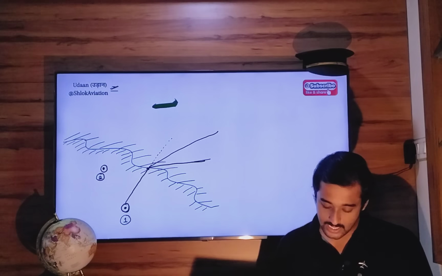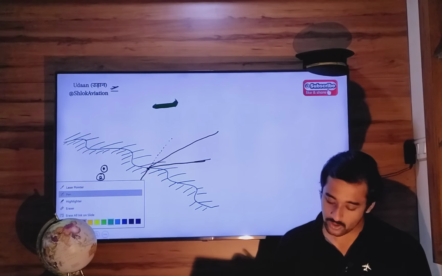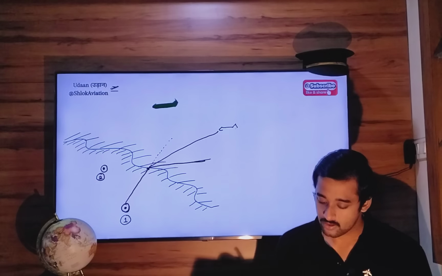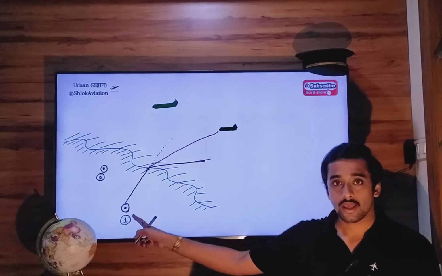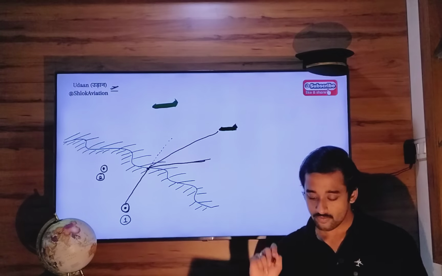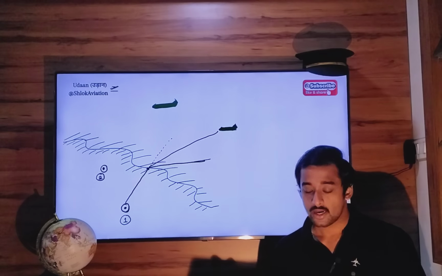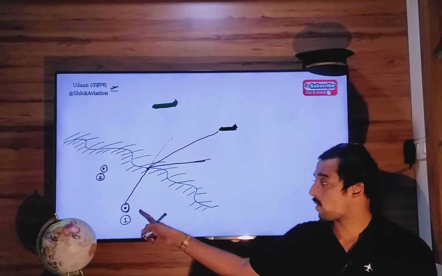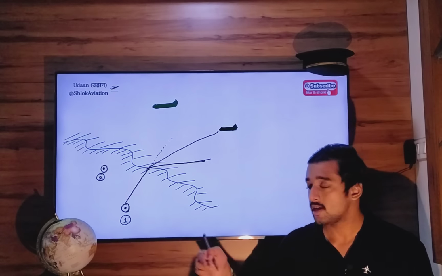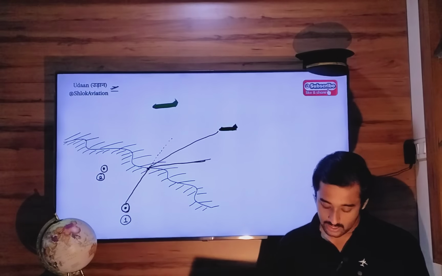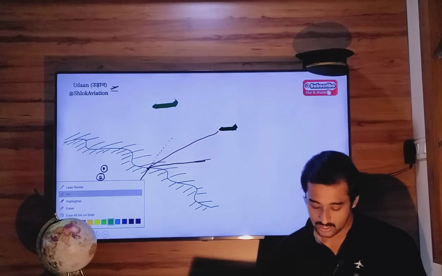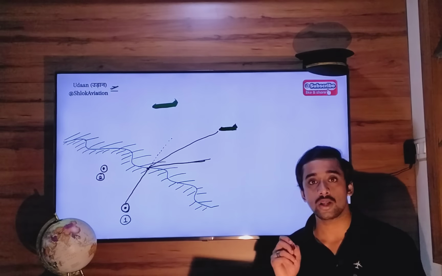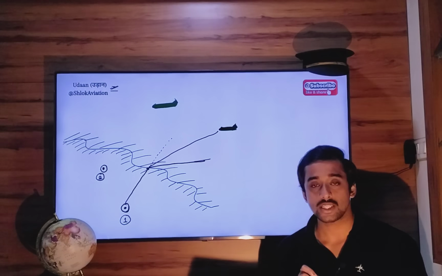So that means if there is any aircraft over here that receives this NDB signal from NDB station 1, instead of getting a direction or bearing from NDB station 1, the ADF equipment on board will think that this radio signal is originating from a station which is somewhere else.